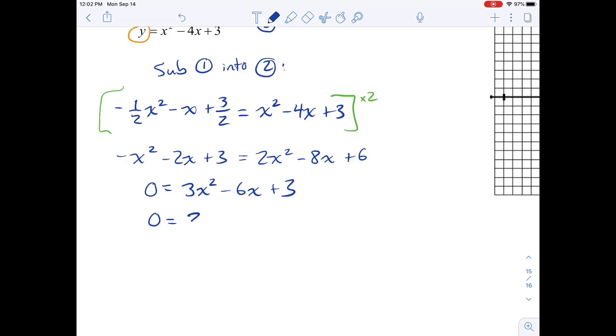And I can common factor out a 3 to make all of these numbers and coefficients that I have inside my bracket easier to work with. And now I look at that new bracket I created and see, can I factor that, break it down even further, and avoid using quadratic formula? And it turns out we can. It's actually just x minus 1 times another x minus 1.